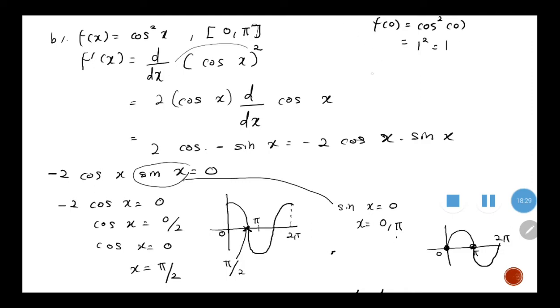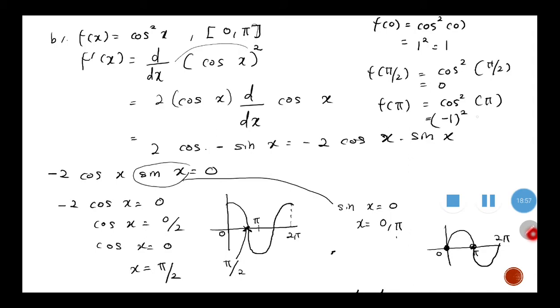F pi over 2 is 0. Just punch it in your calculator. For f pi, cos square pi, you will get minus 1 square, which is 1.